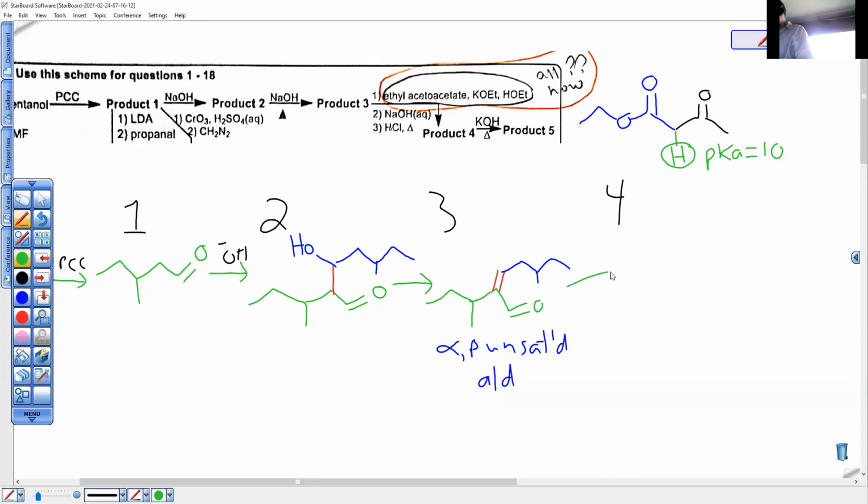So product 4 is going to have everything this molecule down here has. I'll monochromize it to one color here. 1, 2, 3, 4, 5, methyl here. And we have a new bond this time to here.